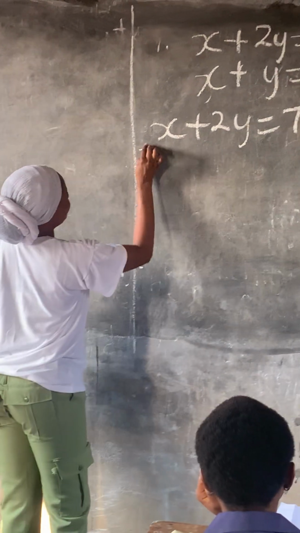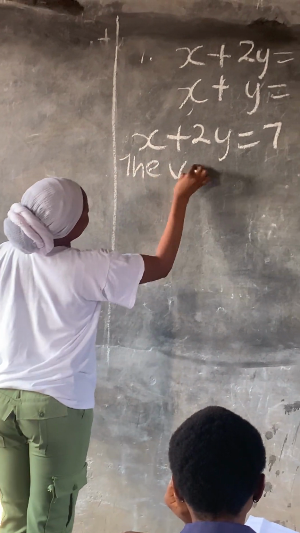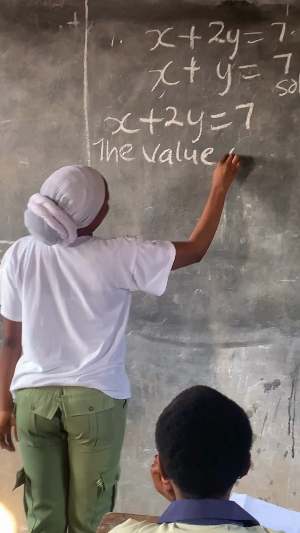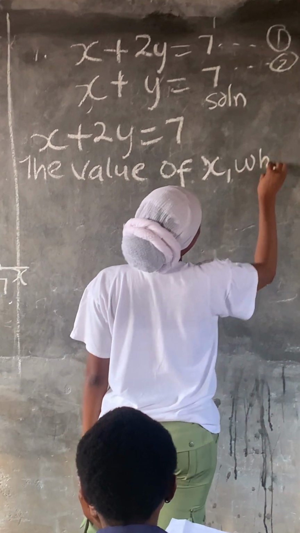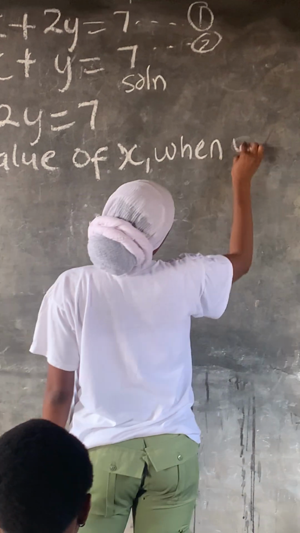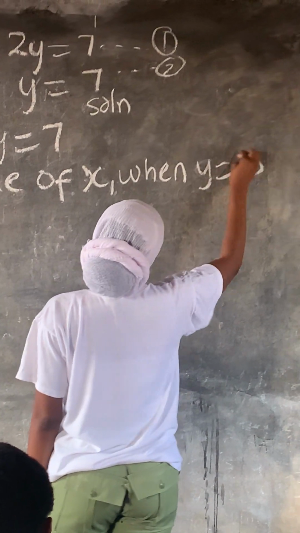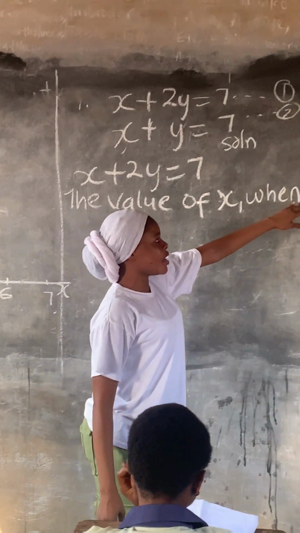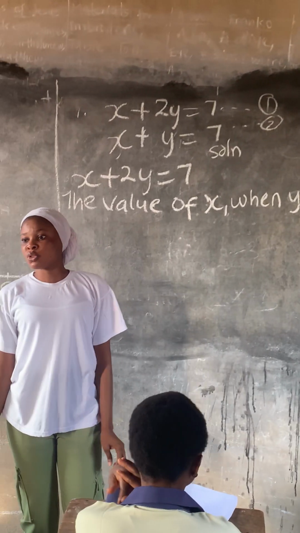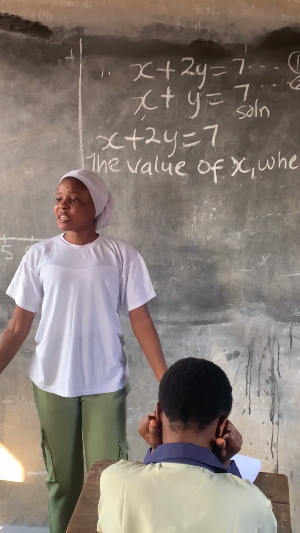So you set the value of x when y is equals to 0. That means in this equation, anywhere you see y, you put what? 0.